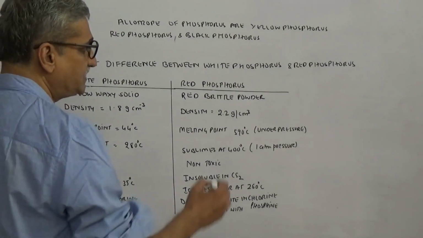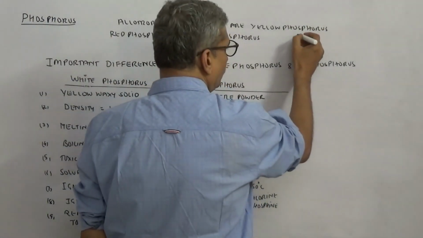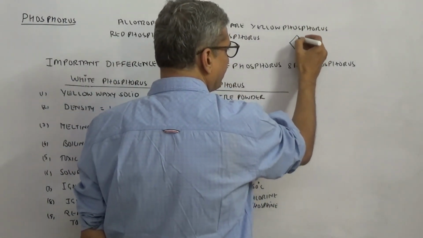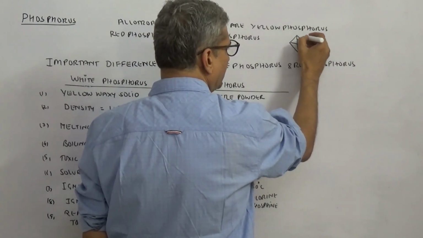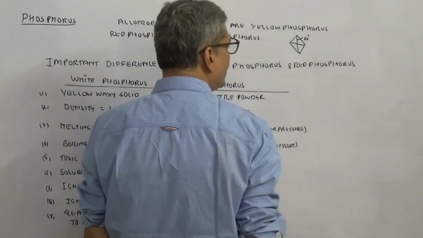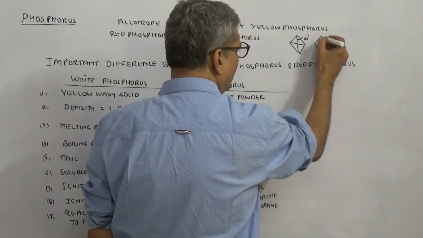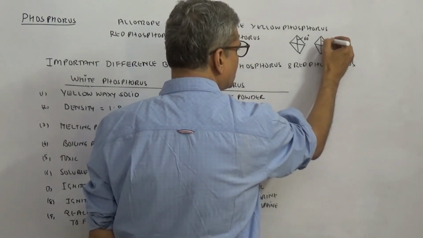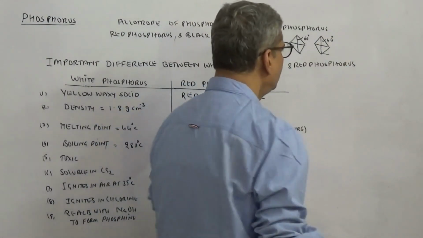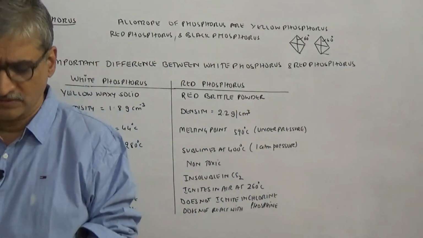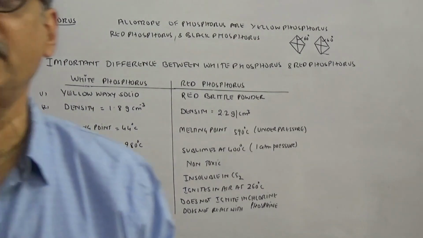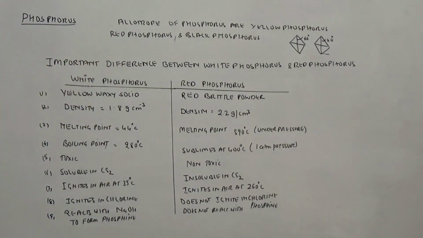In yellow phosphorus, one P4 is connected to another P4 by weak van der Waals forces. Angle strain is 60 degrees. It's a huge strain of the angle, so that makes yellow phosphorus very reactive.